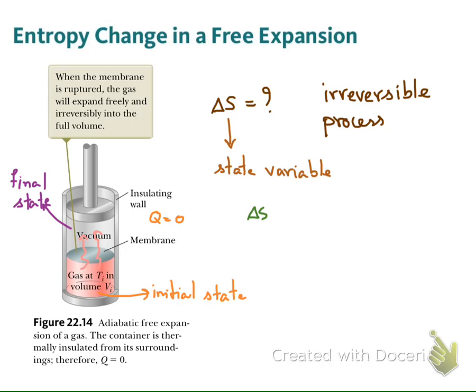Because here we know that the temperature of the gas will be constant. We have discussed this before: because in this process the gas diffuses to the vacuum, there is no work, and there is no heat because it is in the insulating wall. So it means that heat is zero in this process.